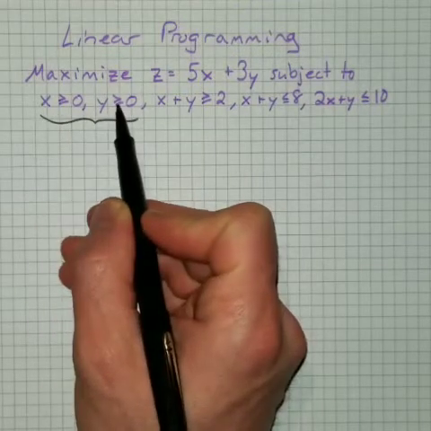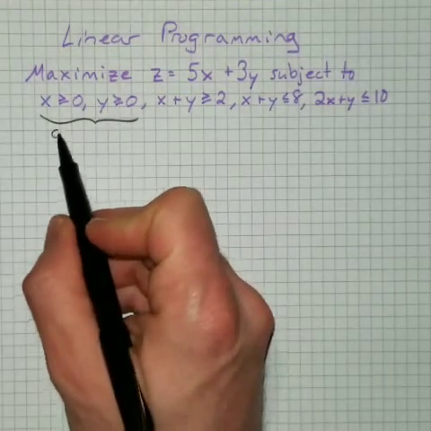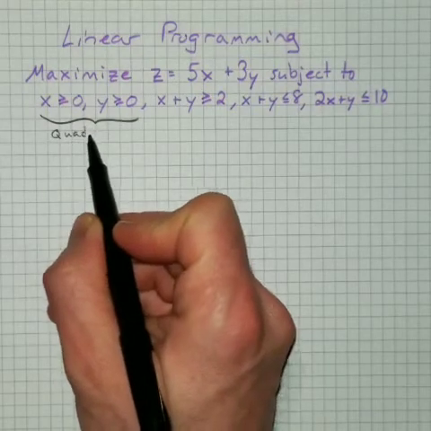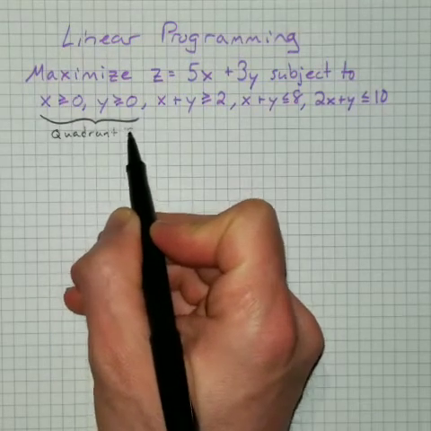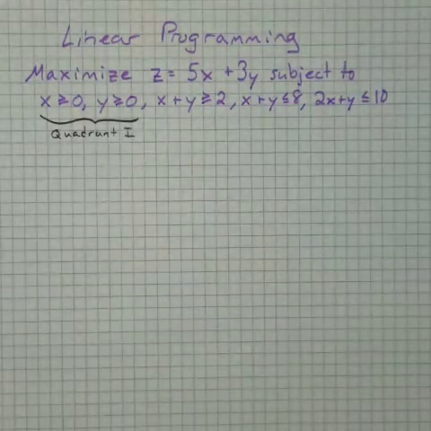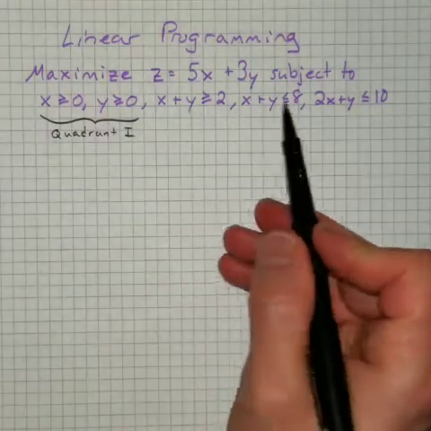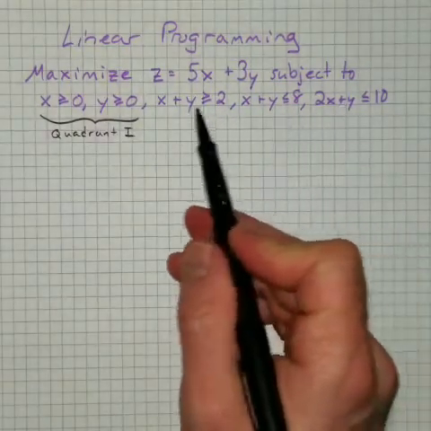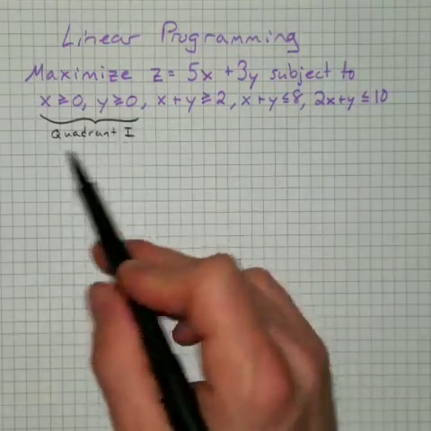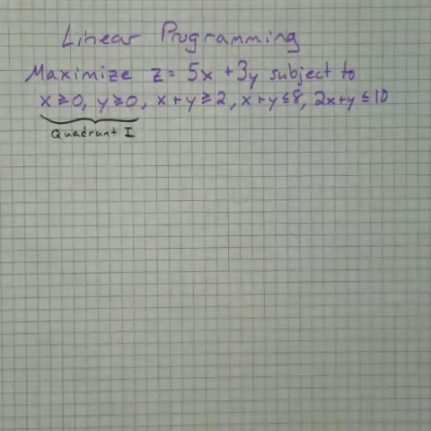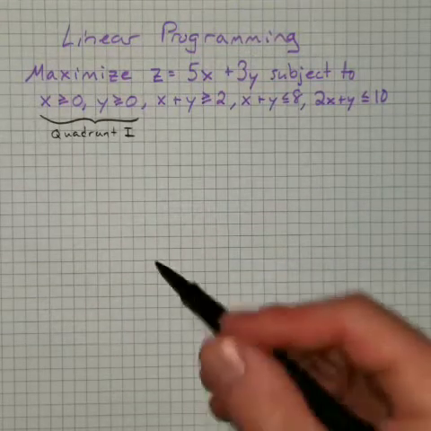Those two combinations give us quadrant 1. So we know our graph is going to be in there. The other three inequalities will be fairly simple to graph now that we can restrict ourselves to just quadrant 1.